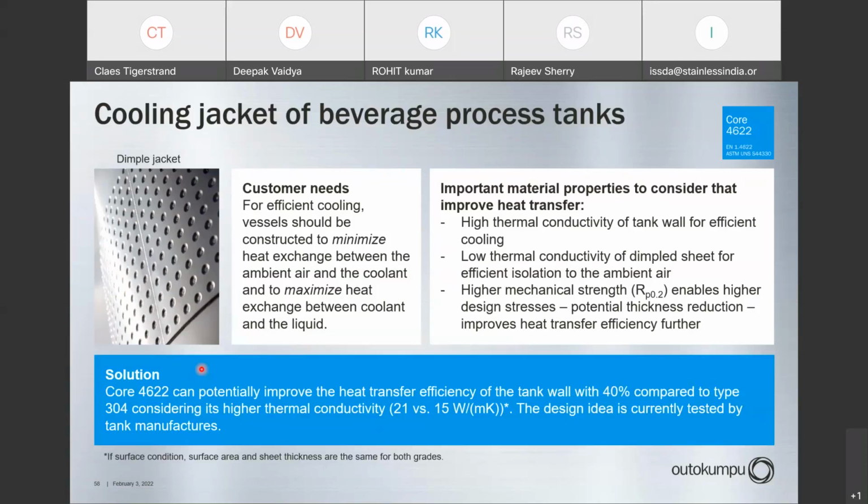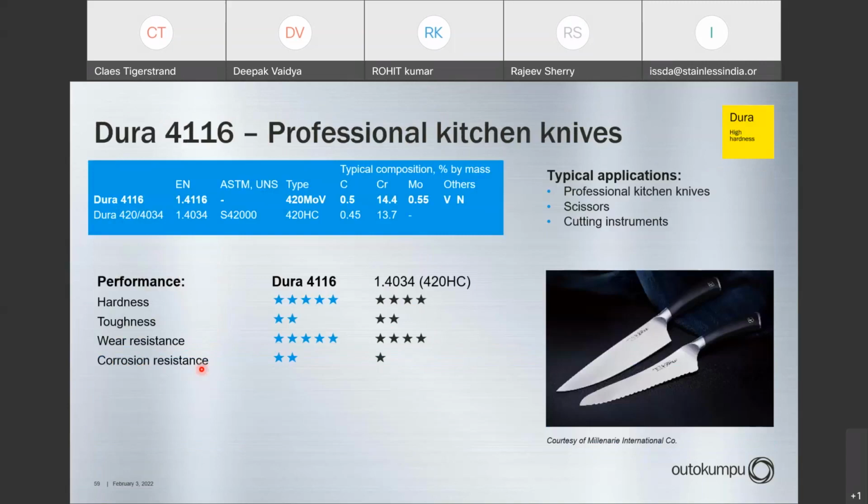But using a ferritic steel instead of an austenitic 304, you can potentially increase the heat transfer efficiency by 40%, thanks to the higher thermal conductivity of a ferritic grade compared to an austenitic grade. So that is a quite interesting application that is actually now being evaluated as well.